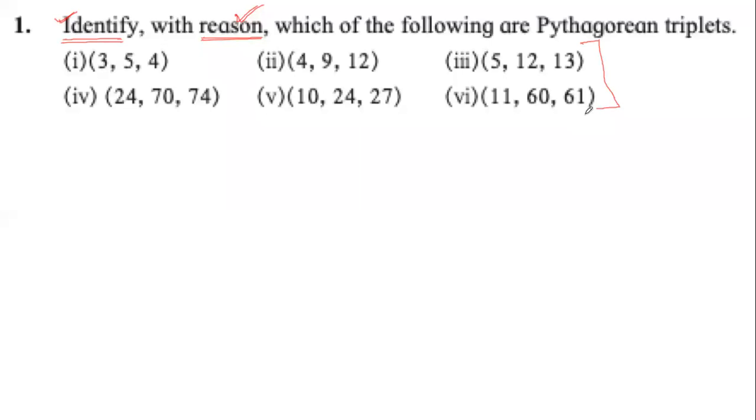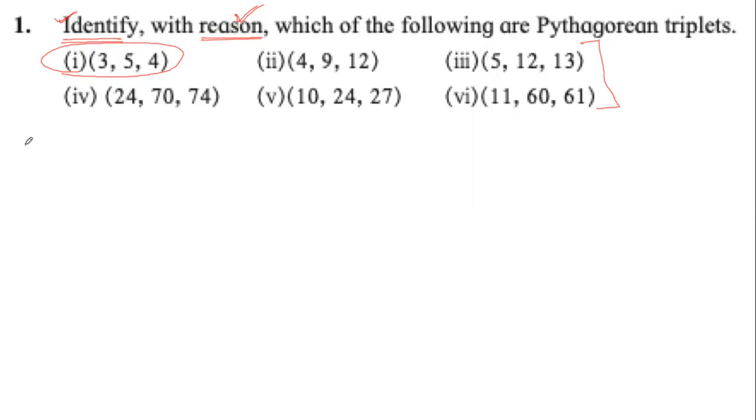Or what we can do is take each triplet and find out if it is a Pythagorean triplet or not. The second method is better because it makes it very clear when we write it. I will explain one to you. You will solve the rest one by one.